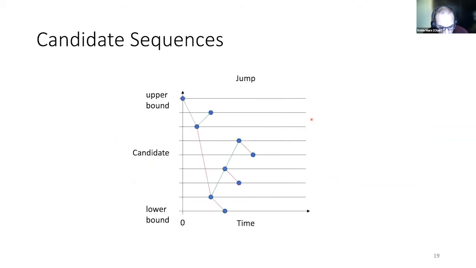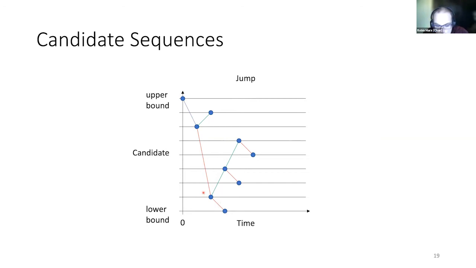Last but not least, the jump sequence uses a predefined set of candidates and the downward sequence to jump over the space of candidates.